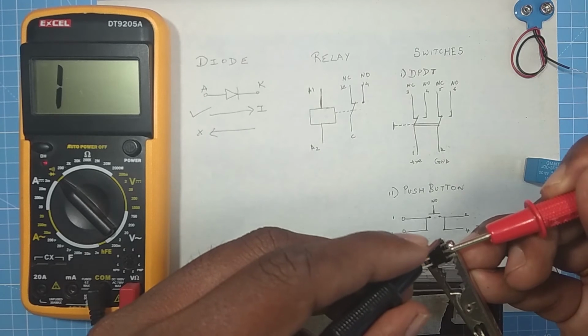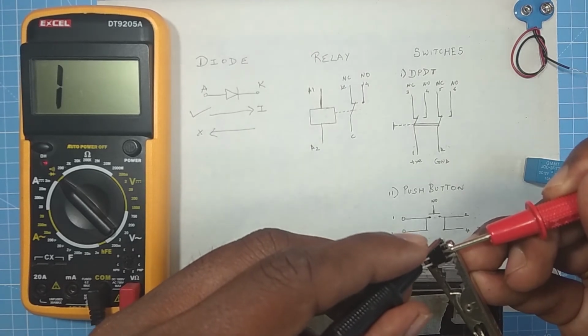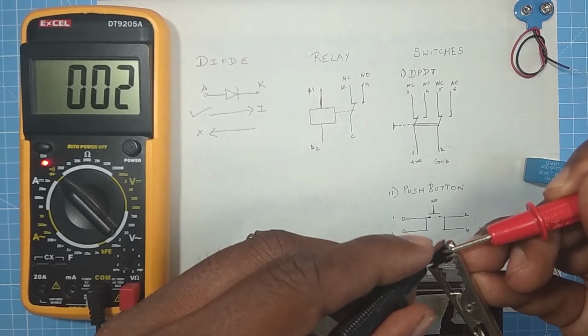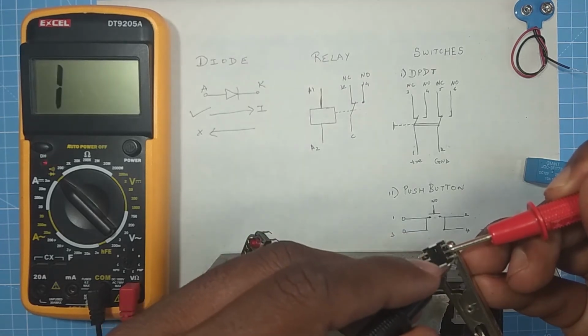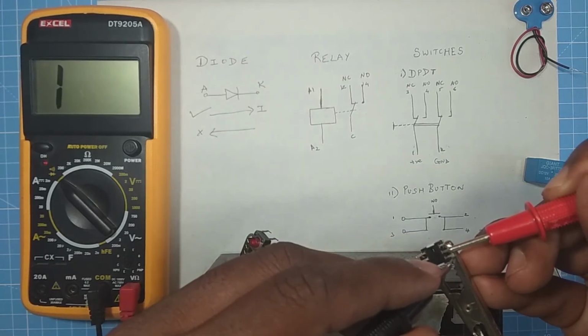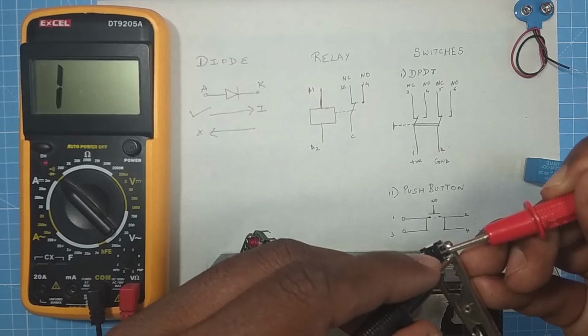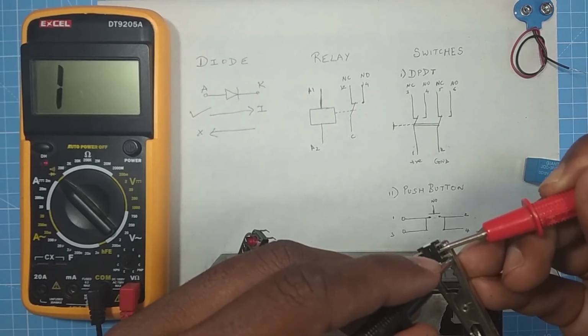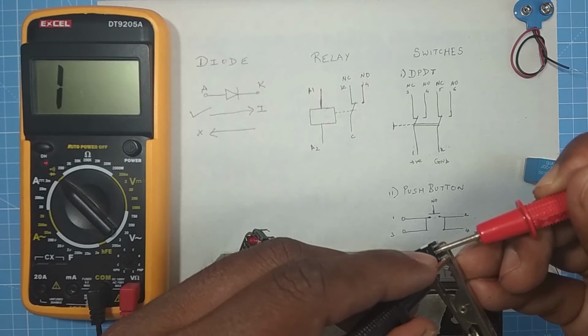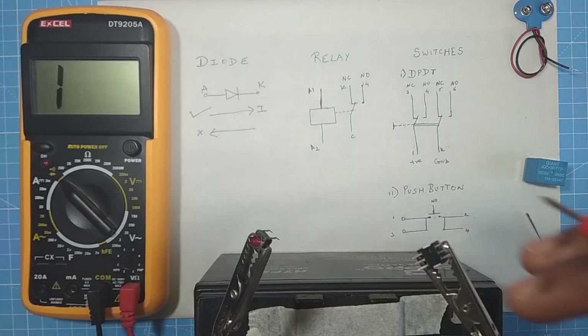This initially was NO, so let's see if it is an NC. Yeah, it is an NC. And this side was NC earlier. Let's see if it has changed. Yeah, it has changed. So this complete side has changed.